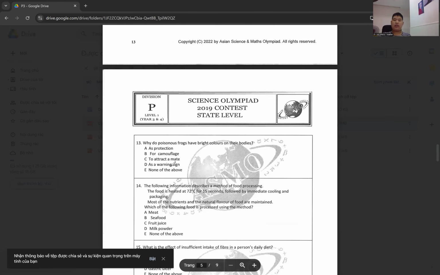So if you ever see a colorful frog, yes, I know you may like colorful frogs, but that does not mean that you should eat or play with it. This is a very dangerous precaution. Bright colors warn other animals to stay away from the frogs.